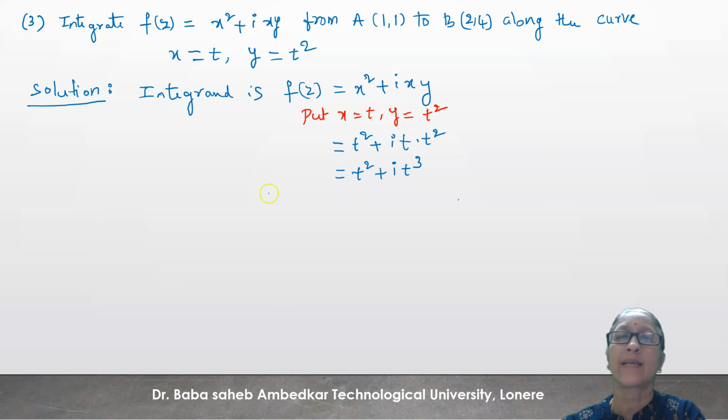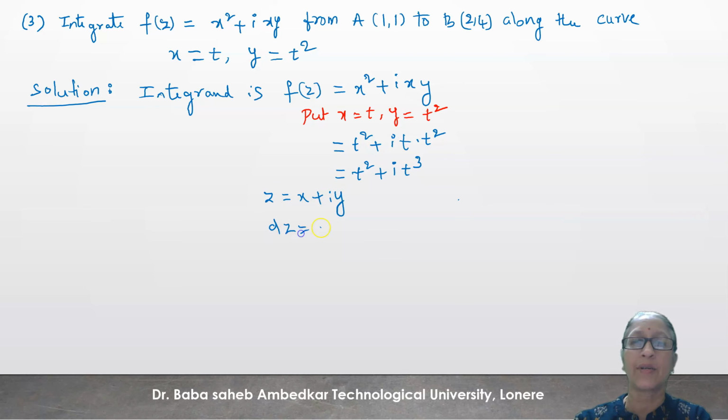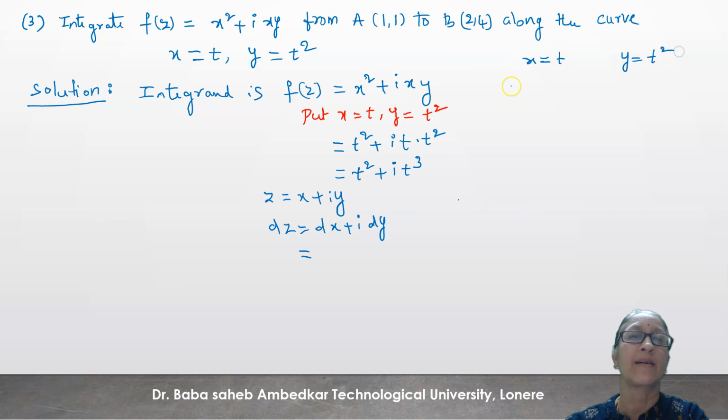Now z equal to x plus iy. So to find dz, dz equal to dx plus i dy. To get dx and dy, consider the given equations x equal to t, y equal to t square.